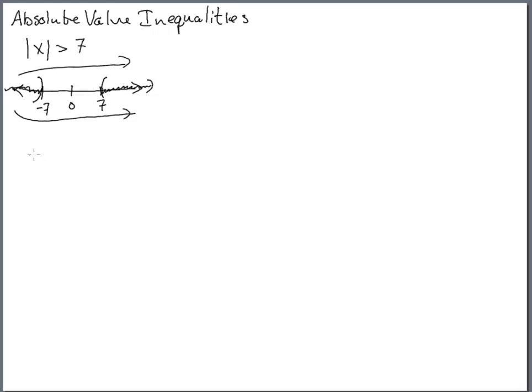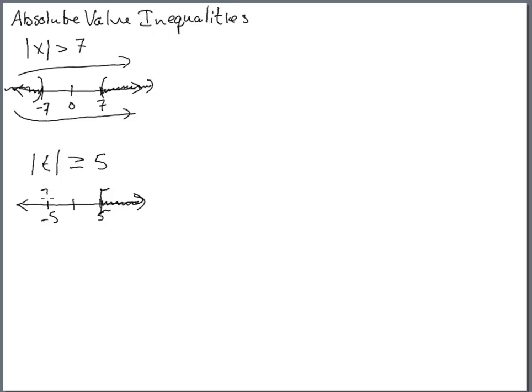So here's another one. If we have something like absolute value of t greater than or equal to 5, then we have two distinct sets of numbers that work. There's 5 and there's -5. So certainly all of these guys will work.